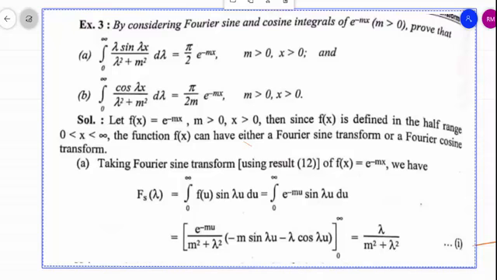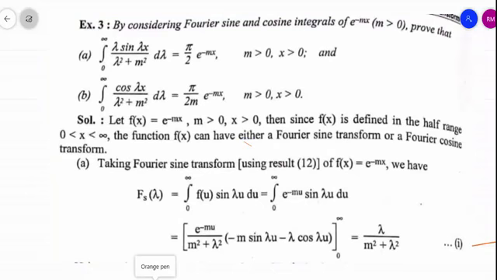Here observe that the integration of e raised to ax sin bx dx, we can write by the formula, e raised to ax upon a square plus b square into the bracket a sin bx minus b cos bx.